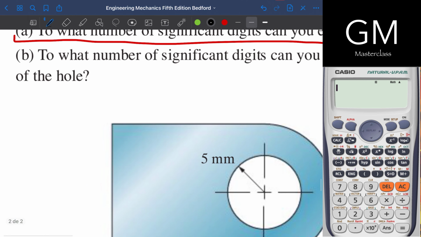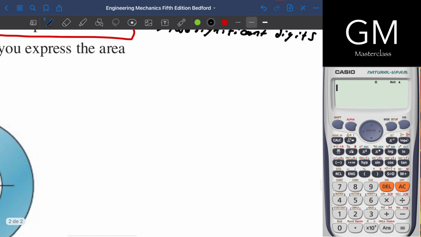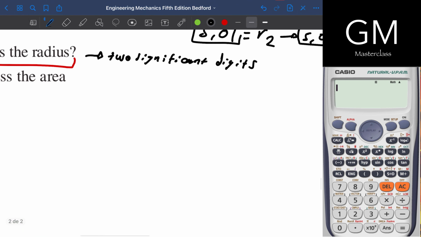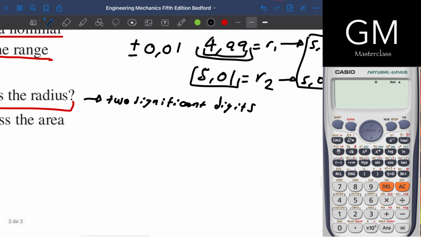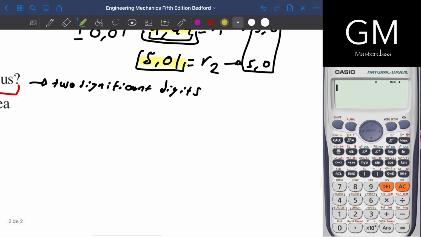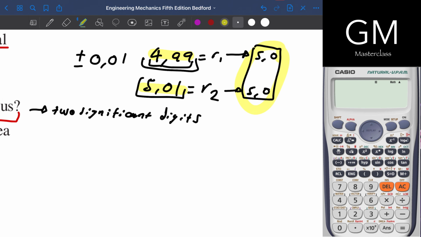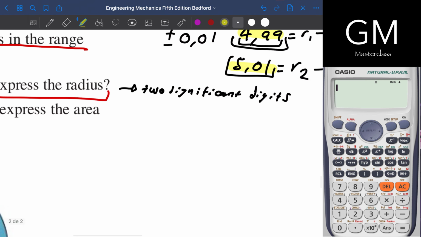The second one, to what number of significant digits can you express the area of the hole? So I just have to find the area of the hole using these numbers and see how I can express them in order for them to be the same number, like we did in this case.